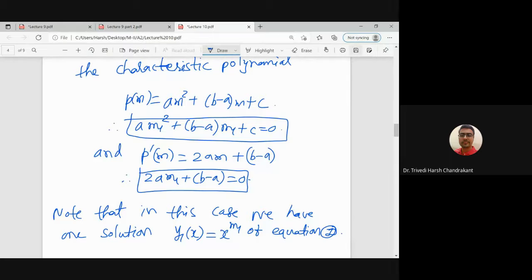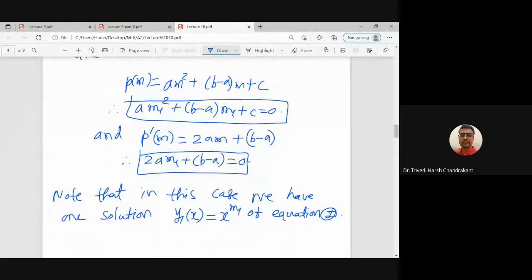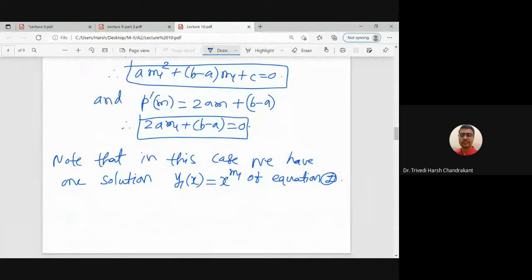So how shall we find the second solution? This is a second order differential equation. We know one solution. So using one solution, we can find the other solution, right? That is the method of reduction of order.